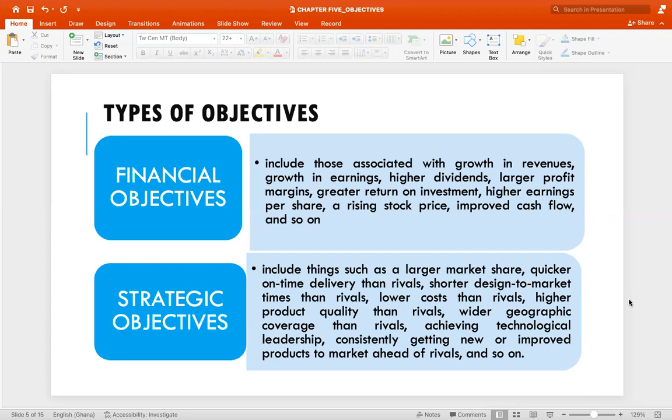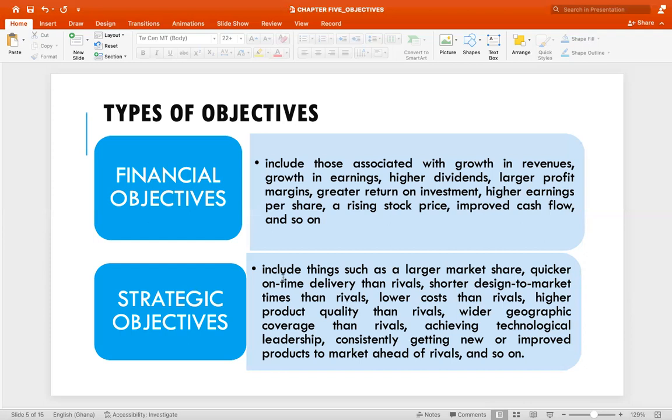All of these things fall under what is known as strategic objectives. Okay. But if you've paid attention, these things are investments that will not lead immediately to financial returns. In fact, in the short term, they may reduce the amount of profit that you make, because it calls for committing resources to achieve those particular types of objectives.